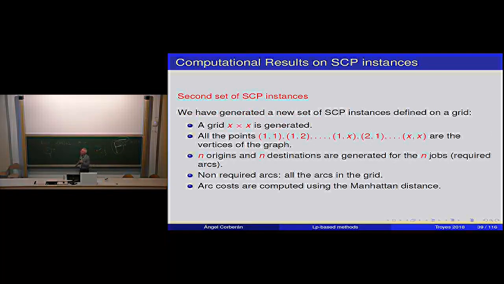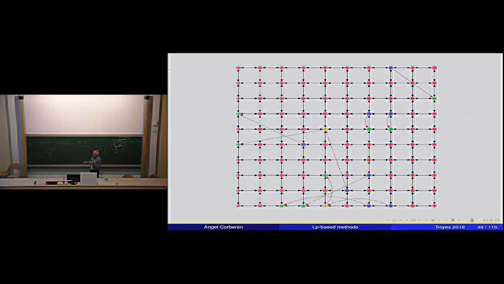A second set of instances, we wanted to know how far our algorithm could go, and then we generated more difficult instances on a grid like that. So this is a grid, and we define several movements for a supposed crane between vertices of this grid.